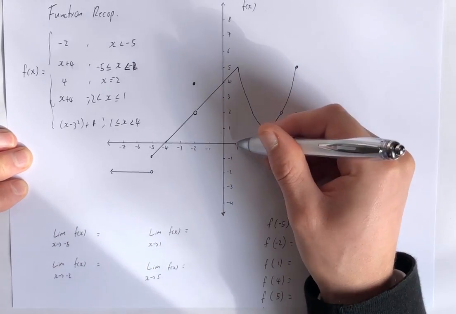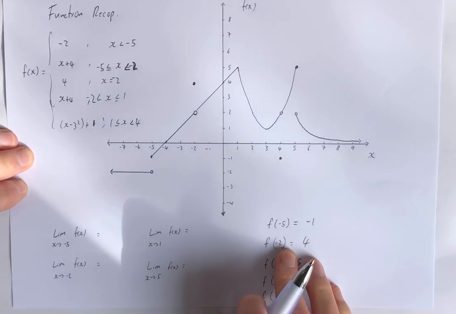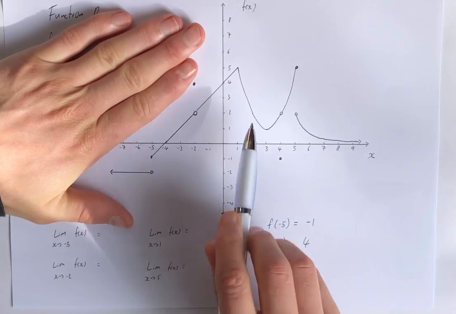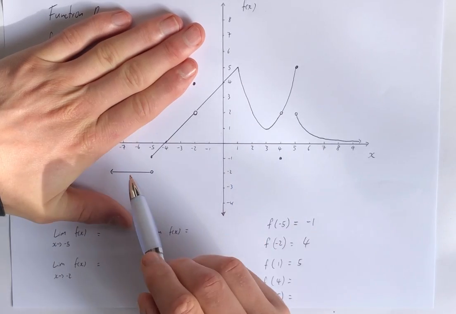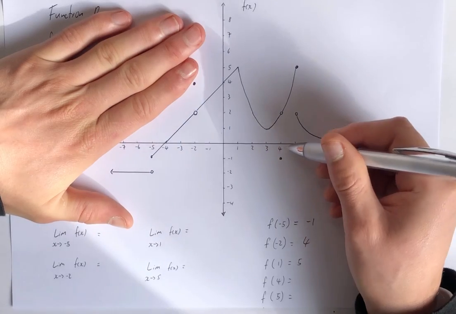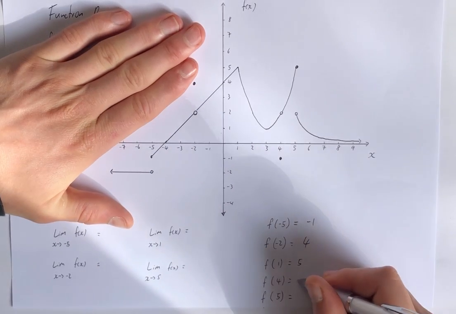F of 1, if I put 1 in, we get 5. So ignore all this. You can actually just read off what the function is doing from the graphical representation, if you will. So f of 4, well, it's defined as -1 at that point.